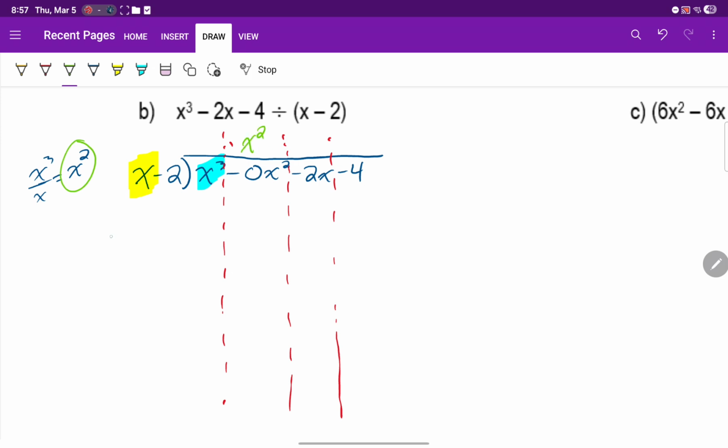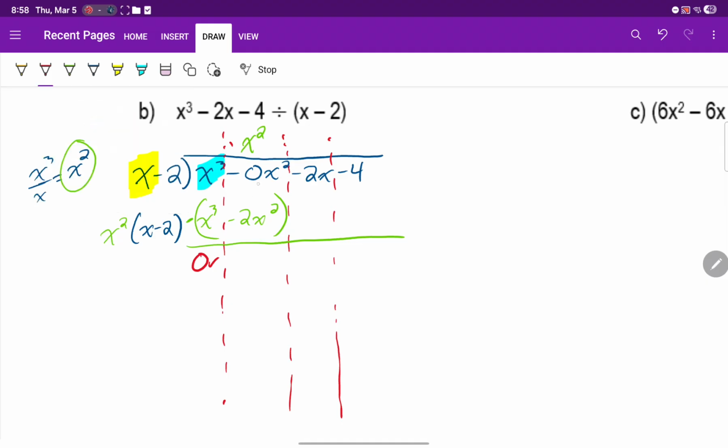Now, every time I put something up there, I multiply it by my divisor. X squared, I multiply this in, I get x cubed and minus 2x squared. Now remember here, I'm subtracting. I always like to put brackets. X cubed minus x cubed gives me 0, good.